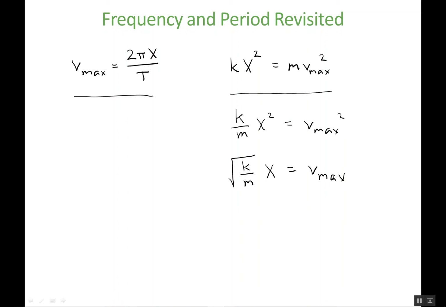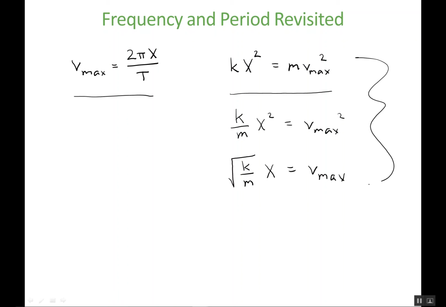So what I'm going to do is combine these two expressions into one expression that gives us a relationship relating the period of the oscillations of a mass on a spring to the spring constant and the mass of the mass oscillating on the spring. To do that, what I did first was I solved the second equation for v max by dividing both sides by m and then taking the square root.